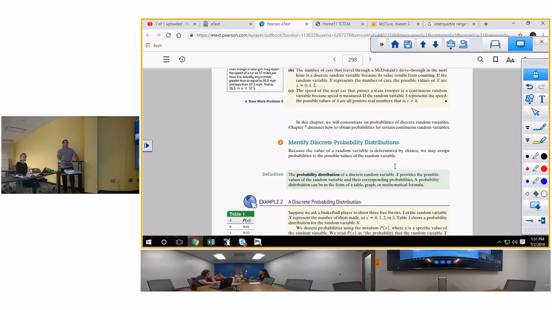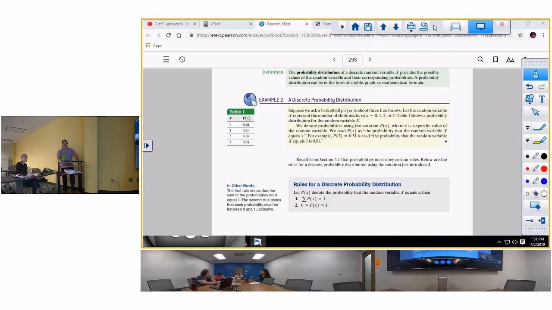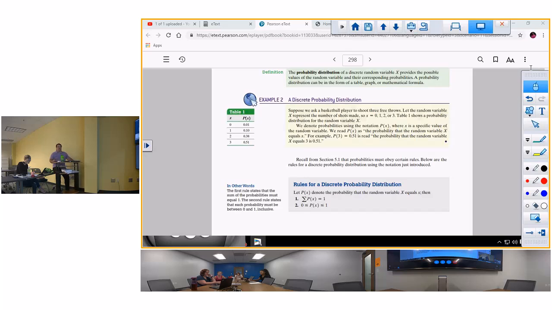Well, what is a probability distribution? There it is right there. That right there is a probability distribution. I want you to write that down as an example because what's the difference between it and a frequency distribution? Well, the frequency distribution gives you a head count. What does a probability distribution give you instead of a head count?